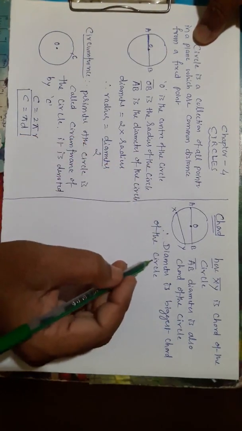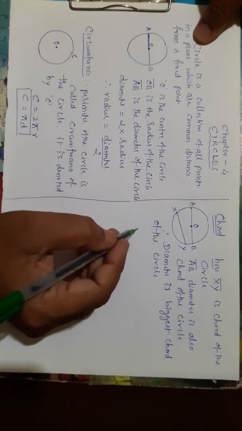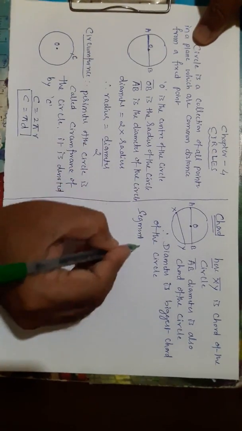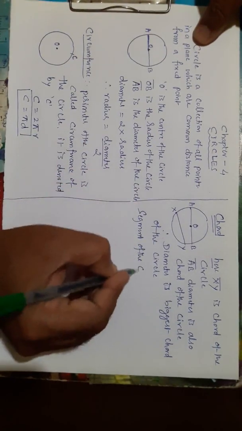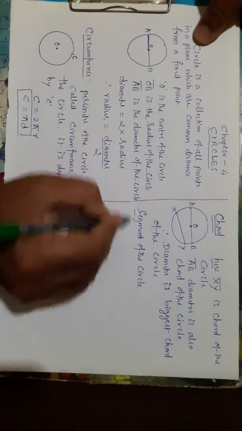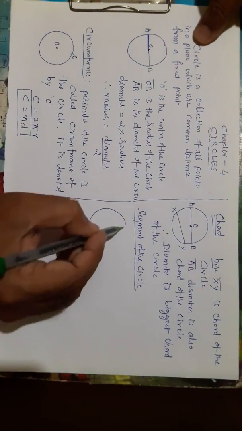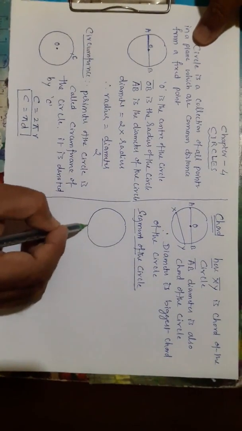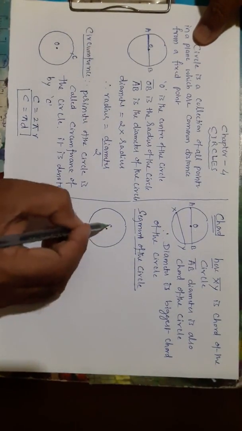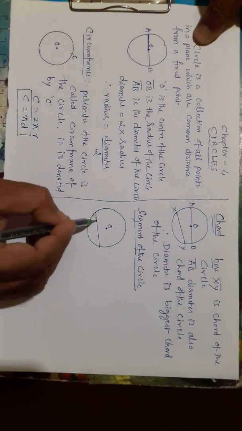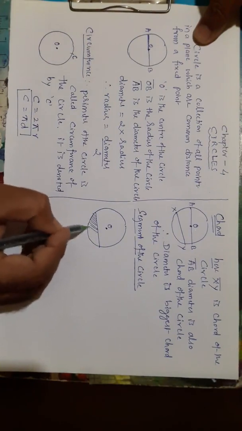Now let us come to know the segment of the circle. Let us draw one circle. O is the center of the circle. Now I am shading this area.